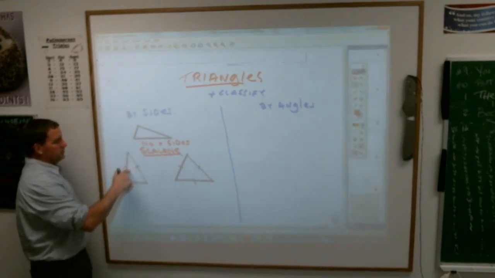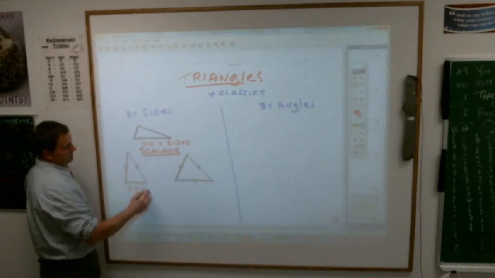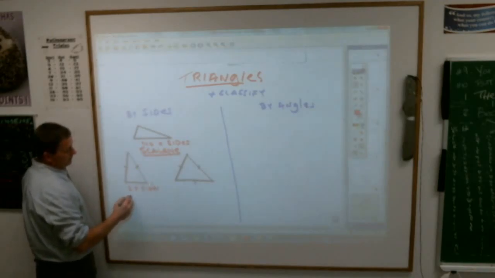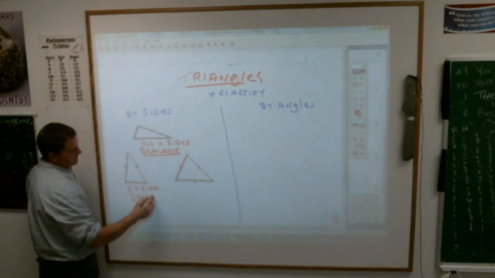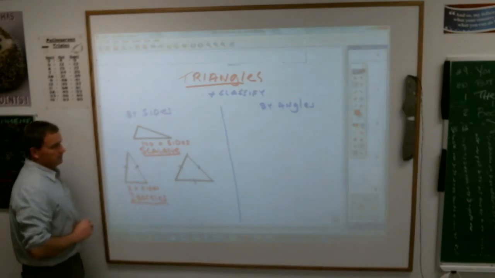If the triangle has just two equal sides, isosceles. It is called isosceles.